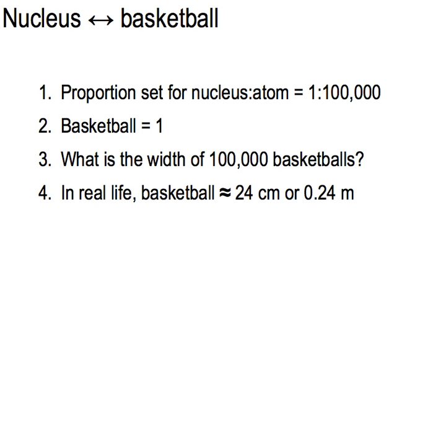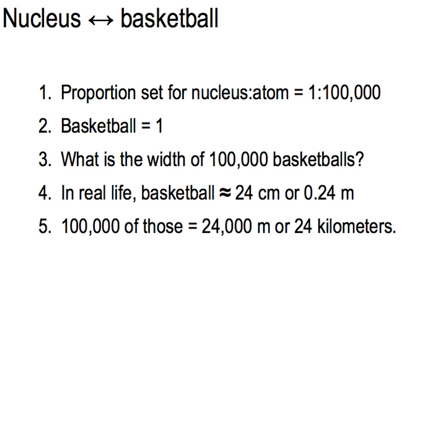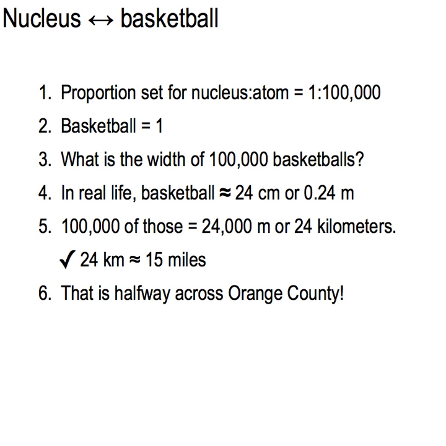How big is the basketball? Well, diameter-wise, it's about 24 centimeters, or 0.24 meters. So as the textbook authors write in the blurb, 100,000 of those is going to be about 24,000 meters, or 24 kilometers. And 24 kilometers is 15 miles. And my wonderful students, that is halfway across Orange County.